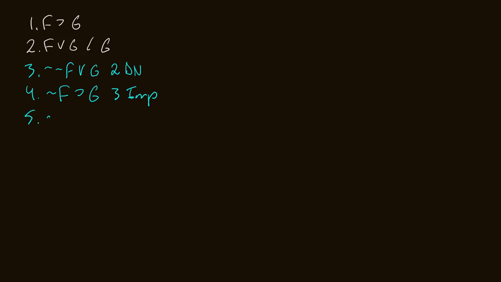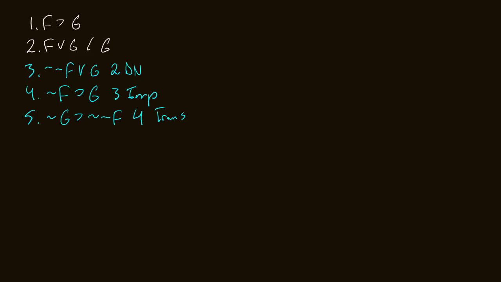So I can make this not G, then not F, right? So that comes from 4 and transposition. Okay. Now I'm seeing that I probably didn't even need to double negate F in the first place, so I could probably remove a line or two from this proof, but it doesn't really matter.